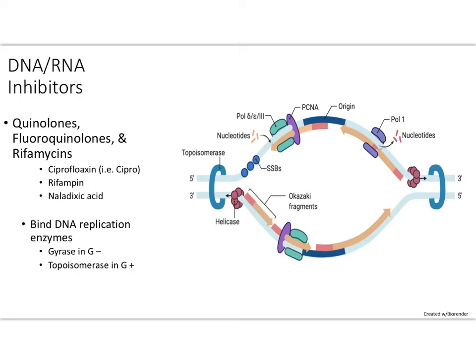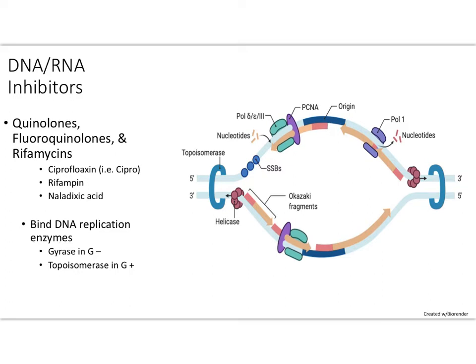And what these types of antibiotics do is they typically bind the enzymes that are involved in DNA stability, especially stability involved in helping go through replication, so binary fission. Most of the time in gram-negatives, these antibiotics target DNA gyrase.